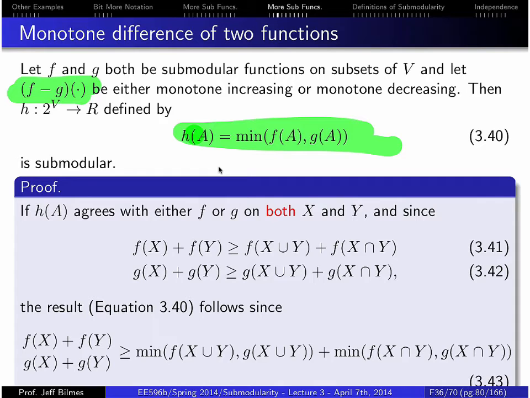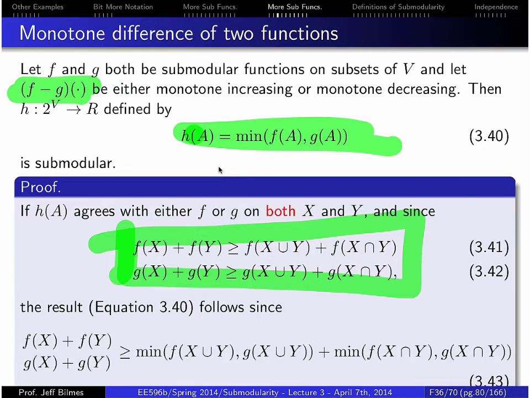That would be agreeing with f on x and y. Now we have the submodularity of both f and g, which is something we definitely have. So the submodularity in this particular case follows because this is the min of f and g on the union plus the min of f and g on the intersection.